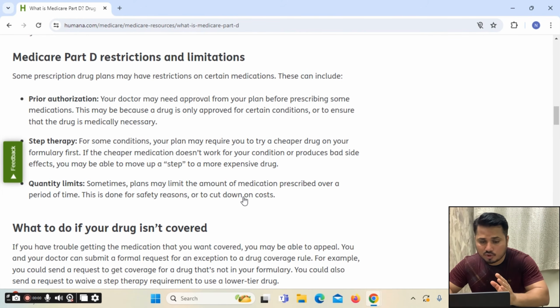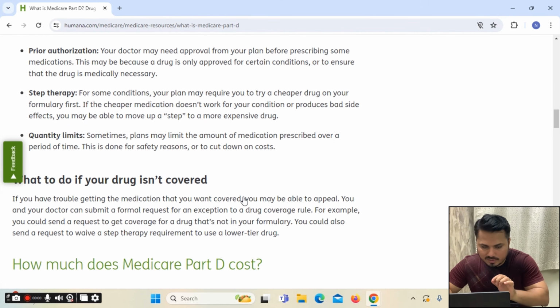Some prescription drug plans may have restrictions on certain medications. These can include prior authorization. Your doctor may need approval from your plan before prescribing some medications. This may be because a drug is only approved for certain conditions or to ensure that the drug is medically necessary.